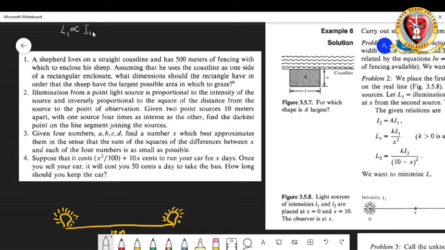L1 is proportional to I1. Also L1 is inversely proportional to the square of the distance from the source to the point of observation. The distance is x minus 0, the whole square. Because it is inversely proportional, L1 is proportional to 1 by (x minus 0) the whole square.